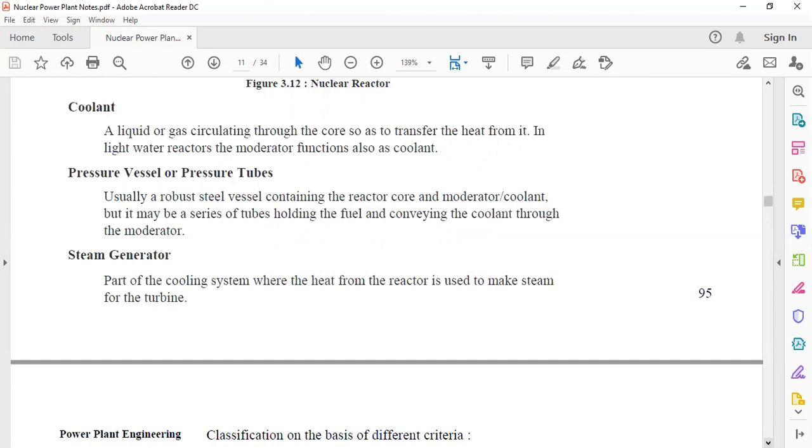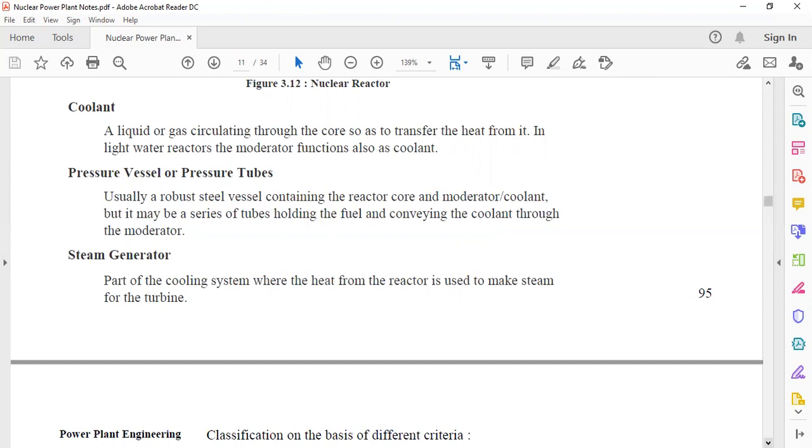Then pressure vessel or pressure tubes, usually a robust steel vessel containing the reactor core and moderator or coolant, but it may be a series of tubes holding the fuel and conveying the coolant through the moderator.